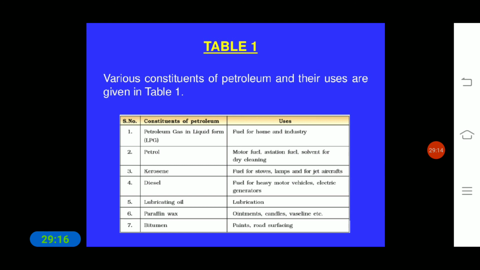Also diesel, which is one of the constituents of petroleum. Constituent here means a component of petroleum.